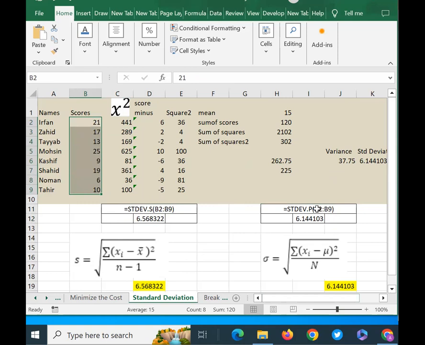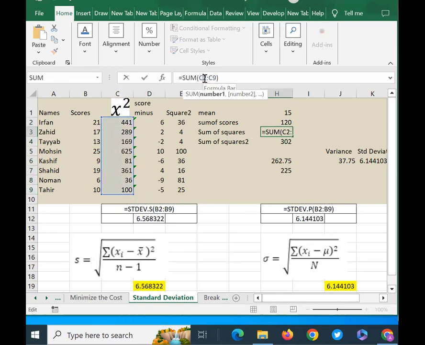So if we see how these formulas are being done, if we do not use this function, then first of all we have to get the x square value. X square is the square of all the values, and then the sum of the squares, you can see, is this. So you have this figure, and you will need it to arrive at the standard deviation.